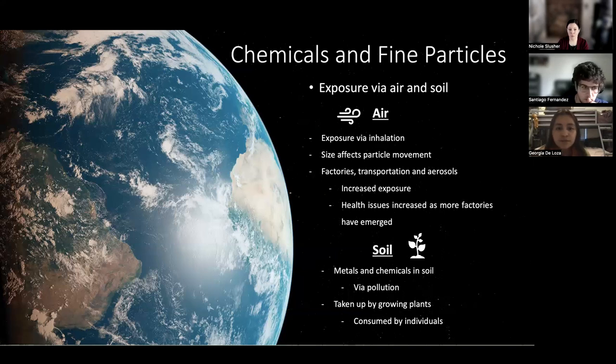This is because plants require soil for vital nutrients, but many crops are also sprayed with pesticides, for example, or planted in areas where the soil might be contaminated via pollution, such as runoff filled with chemicals. Once these plants grow in such soil, they are also now contaminated with these substances, and humans ingest them when they eat the plants produced. This is one of the major means of exposure to humans via soil, especially for carcinogenic metals.